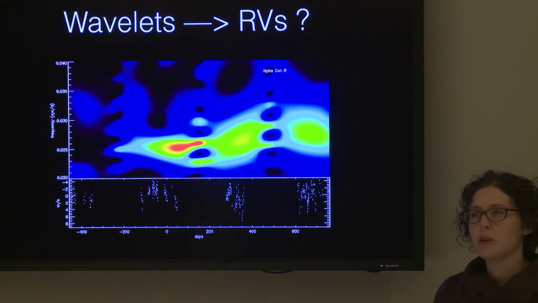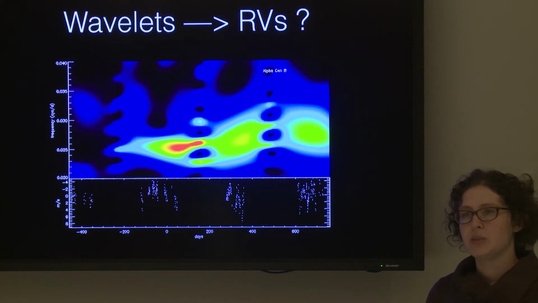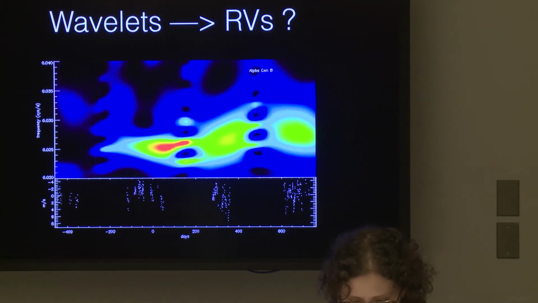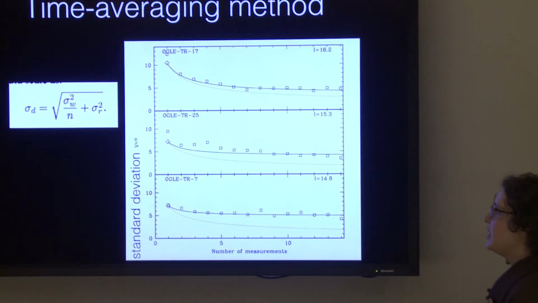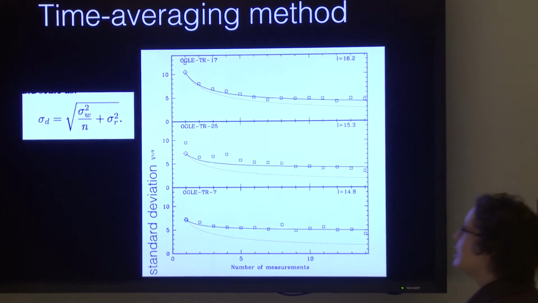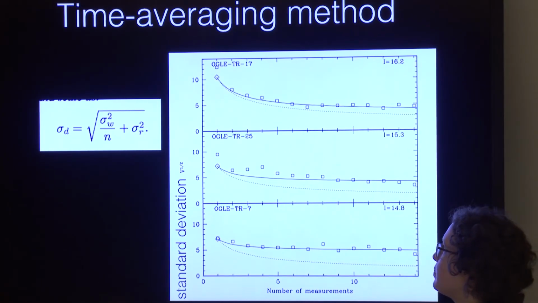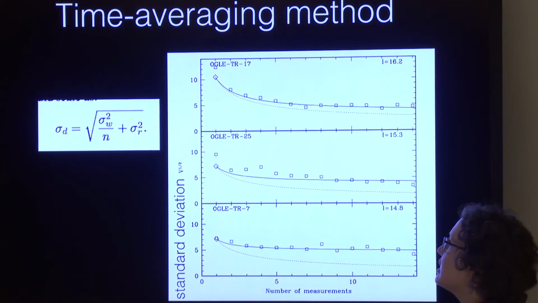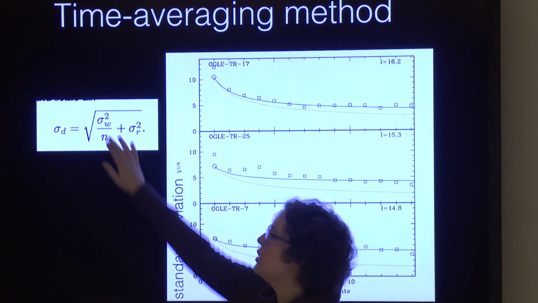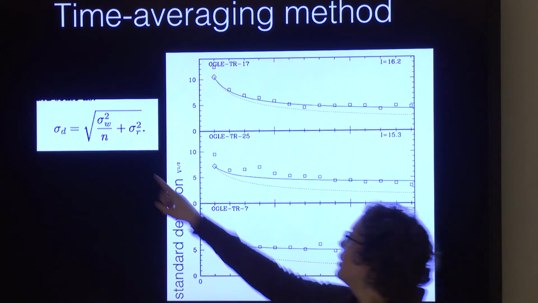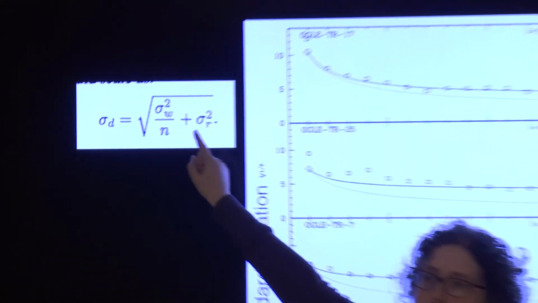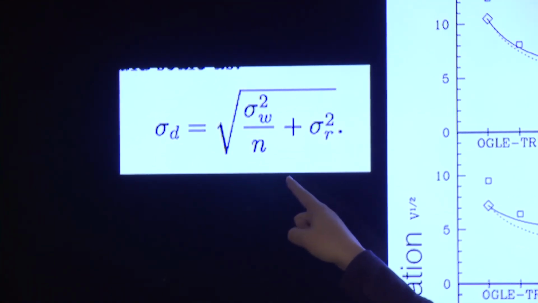Before these became popular, people were using some iffy methods of dealing with the correlated noise. One was called the time averaging method. So they assumed that if there was only white noise and you took a bunch of data points, your precision would improve with the square root of n, where n is the number of data points.